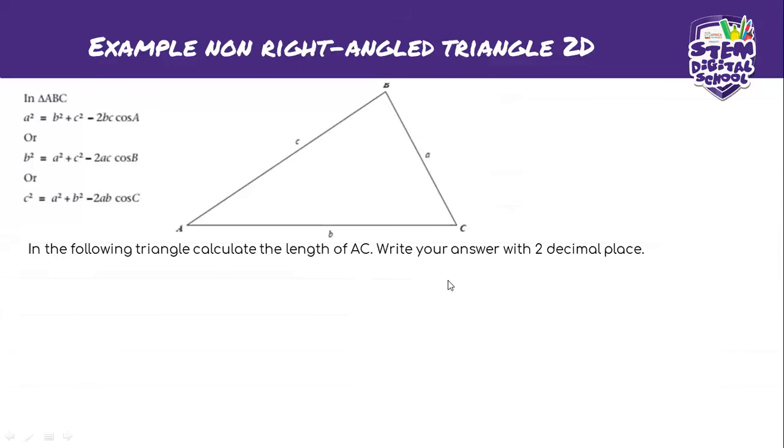Let's see the triangle. This is our triangle. Now, before you can think of which one to use, you first have to check what we have. Because we have to choose between the sine rule or the cosine rule, right?